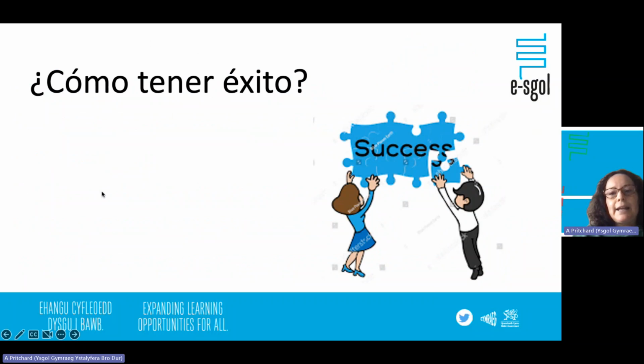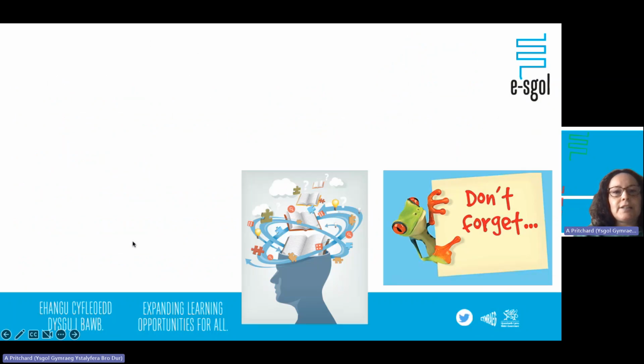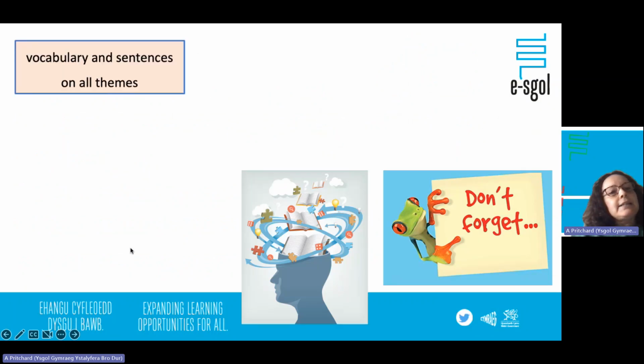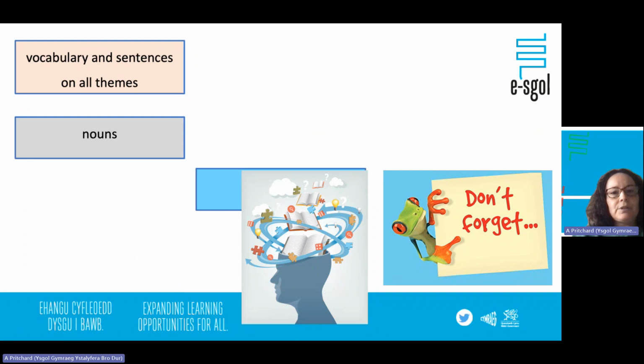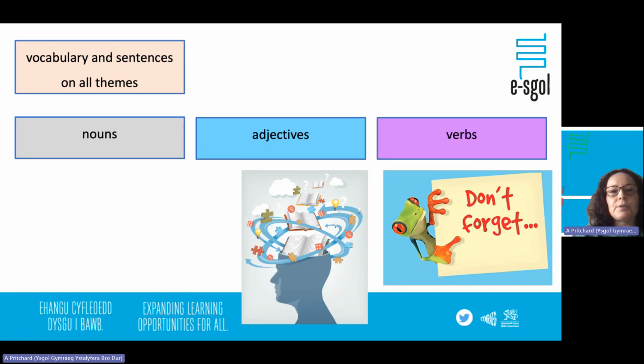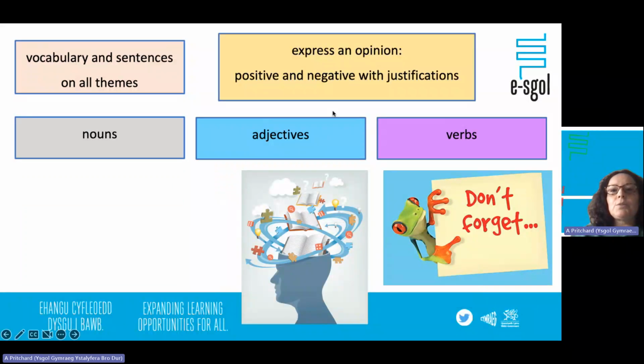Okay, so como tener éxito, how to be successful. This is what I recommend, is that you learn a variety of vocabulary and sentences on all of the themes, and this will include nouns, adjectives, and verbs. Also, you need to be able to express an opinion. Remember, there is a whole session on expressing an opinion this year, which you could have a look at.